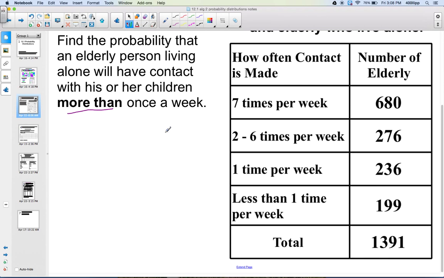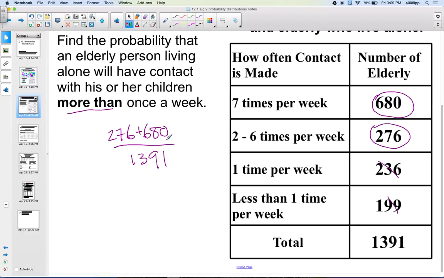So if we take a look at this table here, we have less than 1 time per week, that's not going to count. 1 time per week, that won't count. 2 to 6 times per week, this one will count. And 7 times per week, that one will also count. So we're going to just take 276 plus 680 and we're going to divide that by our total of 1391.